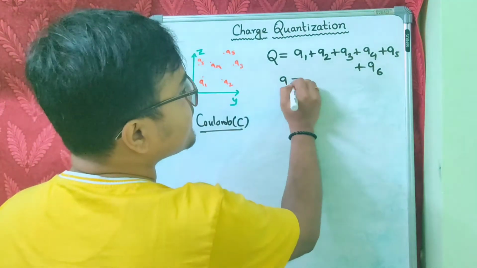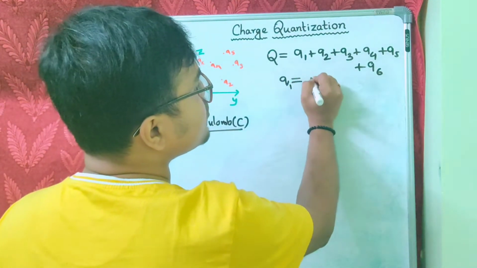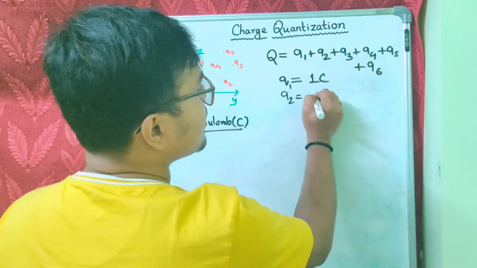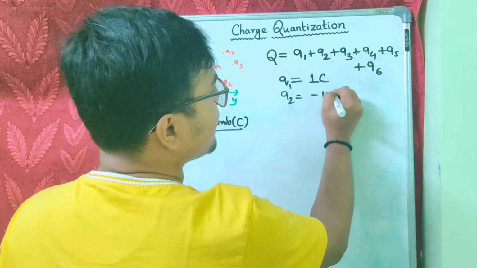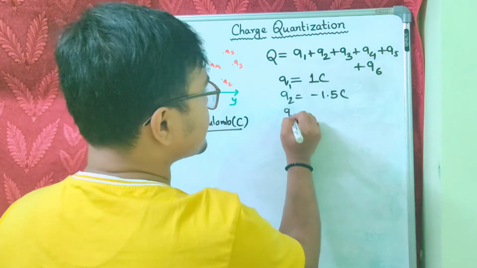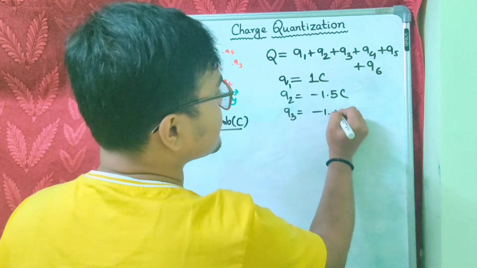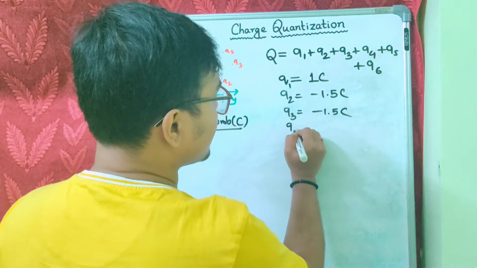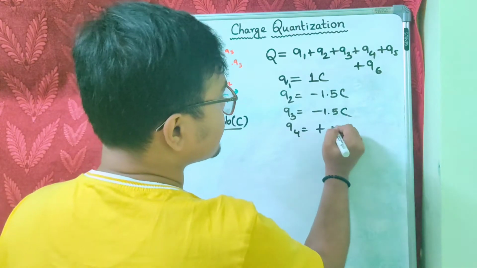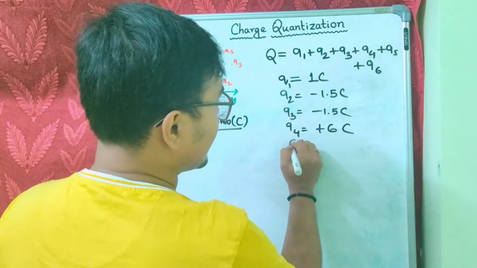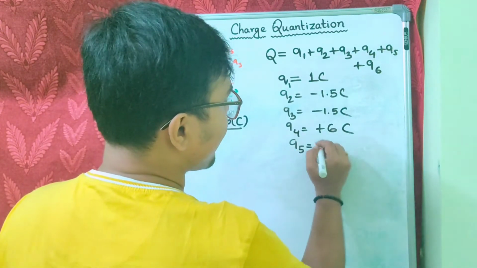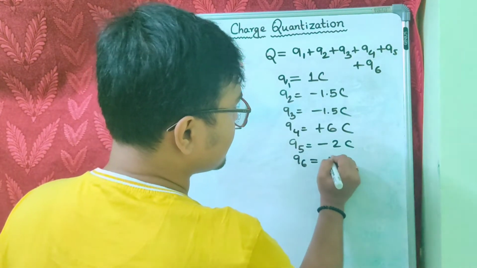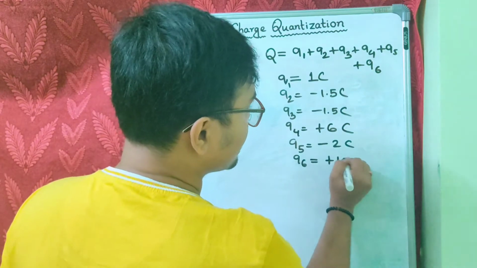So we have taken Q1 equal to, suppose, 1 Coulomb, Q2 equal to minus 1.5 Coulomb, Q3 equal to minus 1.5 Coulomb again, Q4 equal to plus 6 Coulomb, Q5 equal to minus 2 Coulomb, and Q6 equal to plus 10 Coulomb.